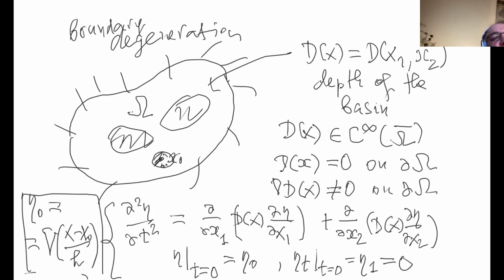Is there any problem? No, okay. Well, so if we take an initial data of this form, that t derivative in the initial time is 0, and the function itself is concentrated in a small neighborhood of some point x naught inside the domain, then this equation describes the propagation of a tsunami wave in the linear approximation from the source located at the point x naught. And the problem is to construct the asymptotics of the solution as h tends to 0.